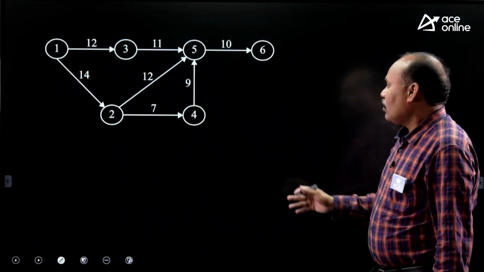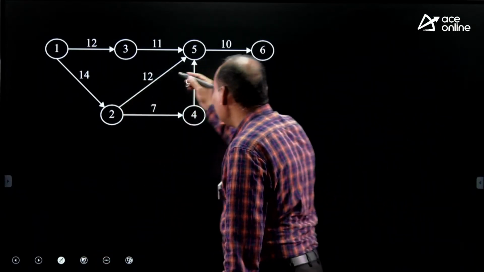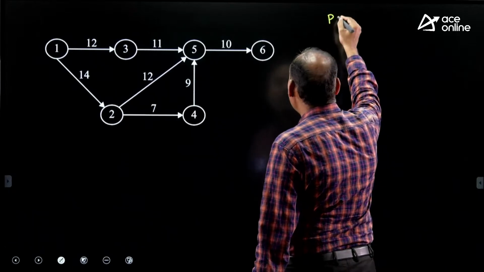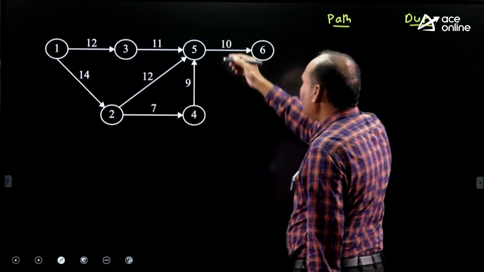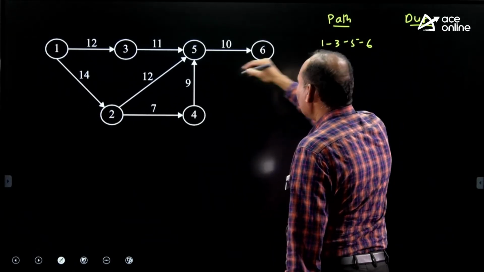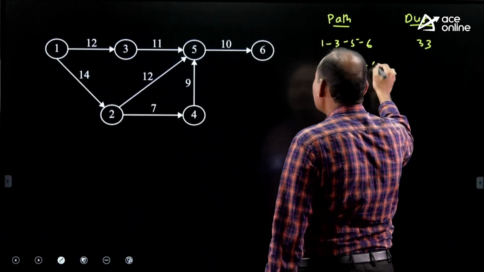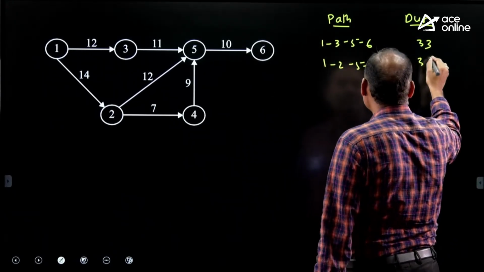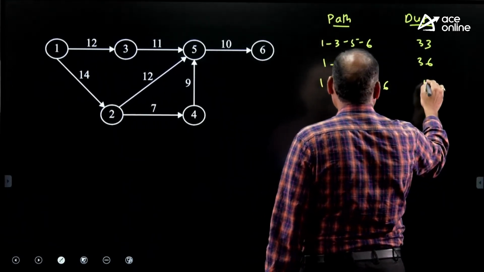Now I am just taking this. How to find out critical path? You can use again same concept, path and duration. So what are the paths available in this? 1, 3, 5, 6, 33; 1, 2, 5, 6, 36; 1, 2, 4, 5, 6, 40.